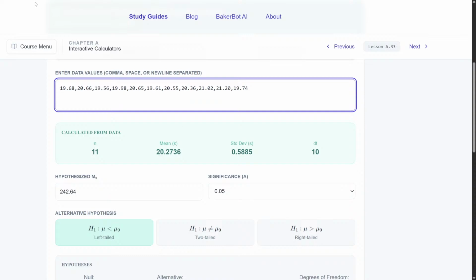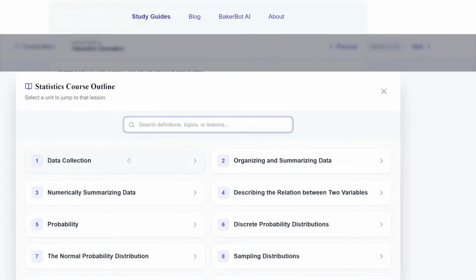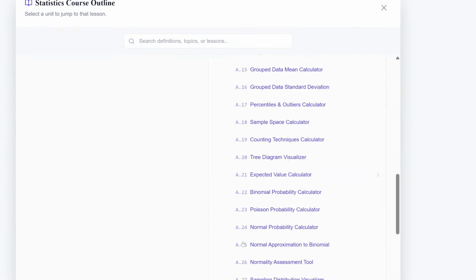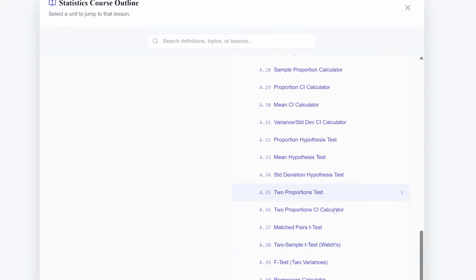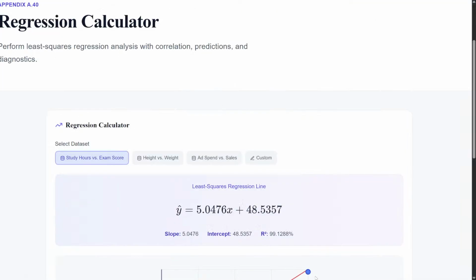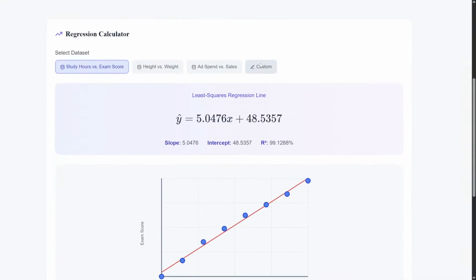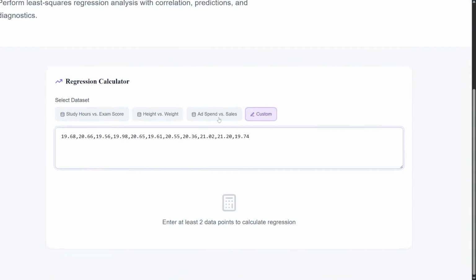So to determine normality, I have one. I'm just going to put it in the case of the other one. Oh, that's not what I wanted.